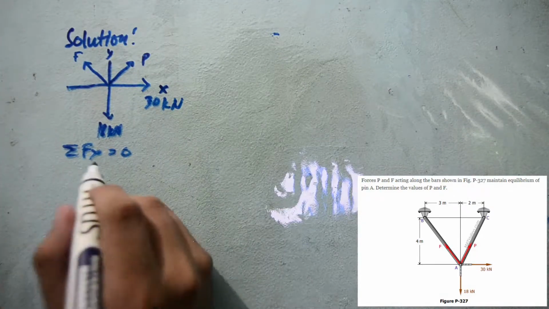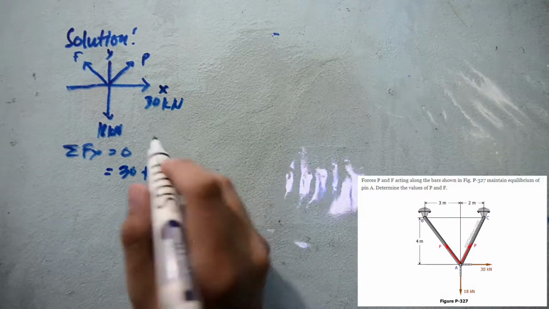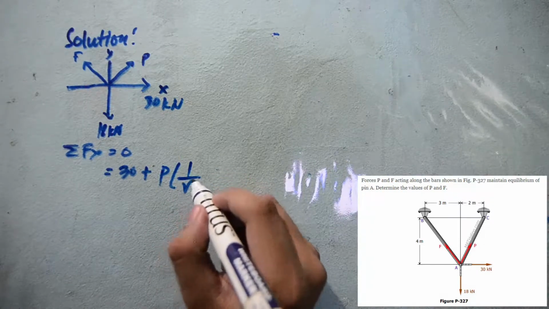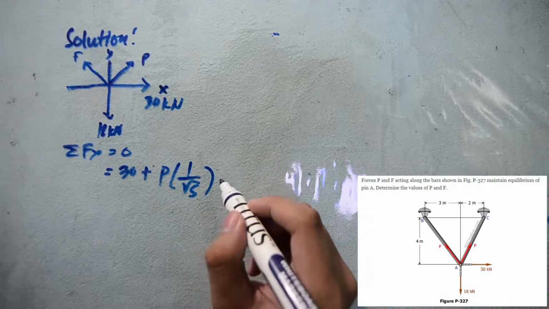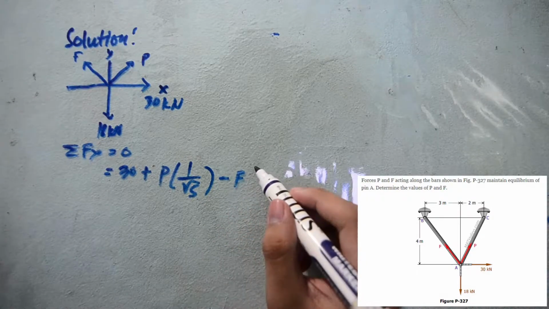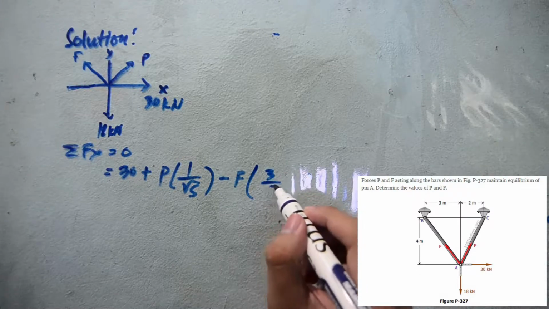So let's write 30 plus P times 1 over square root of 5 minus F times 3 over 5.